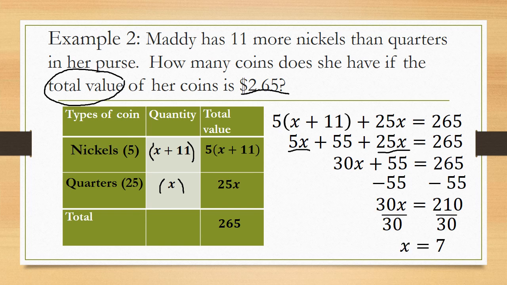Now, 7 is the number of quarters. This is what I have on the table. That means that the number of nickels is going to be 7 plus 11, which is equal to 18. Which is exactly what we got in the previous problem. 7 quarters and 18 nickels.